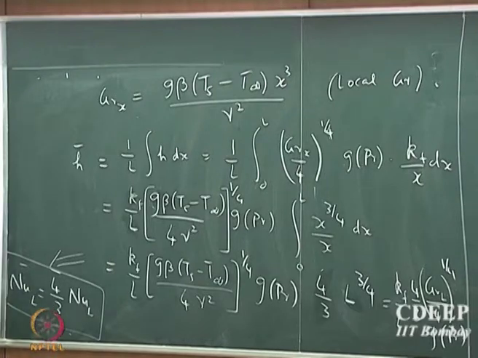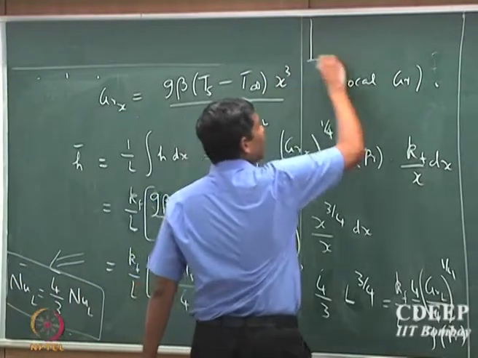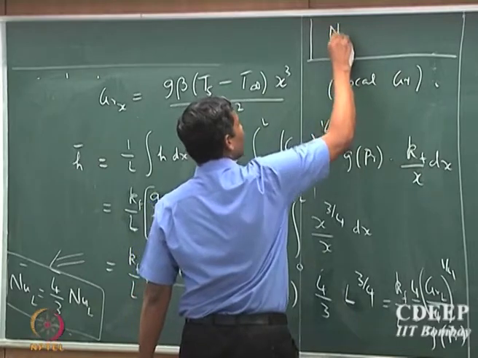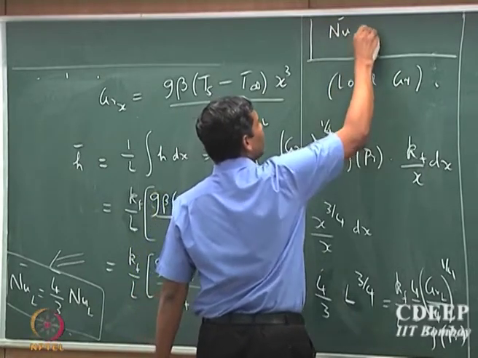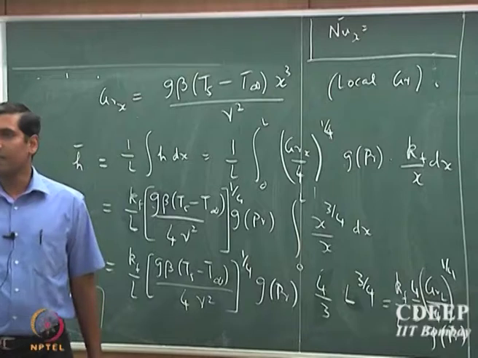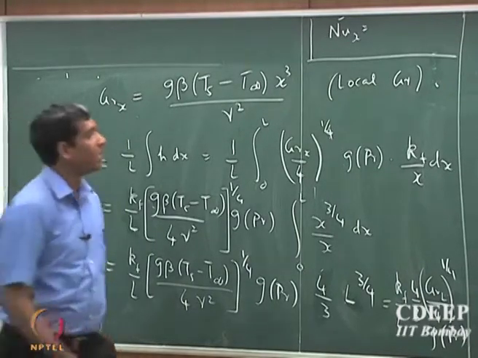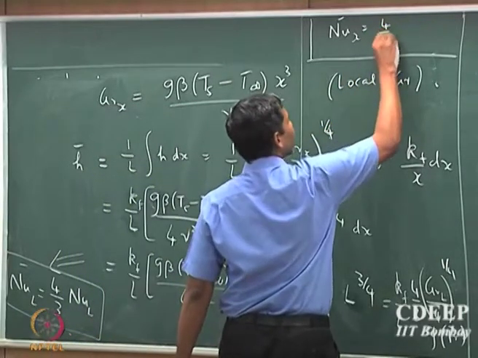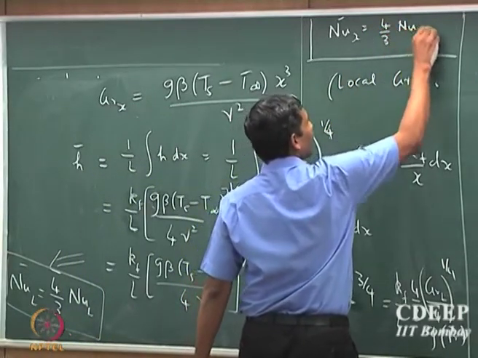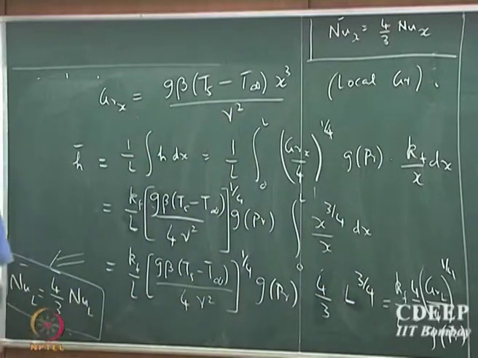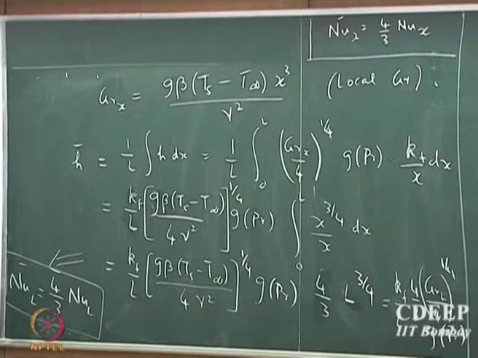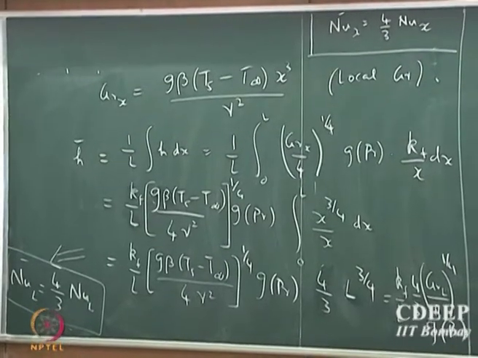Therefore, we can say that the average Nusselt number at any location, which signifies the net amount of heat transported till that location in the flat plate, should be equal to 4 by 3 times the local Nusselt number. That is an important observation. If I can measure the properties at the exit or at the end of the flat plate, then I should be able to find out the local Nusselt number at that location.